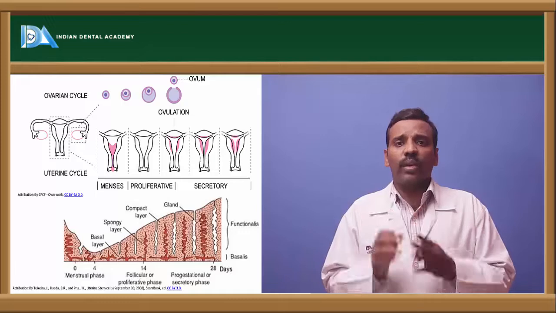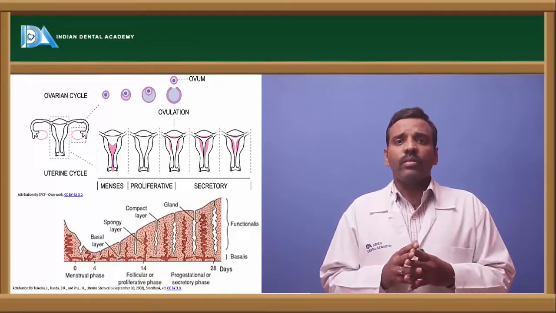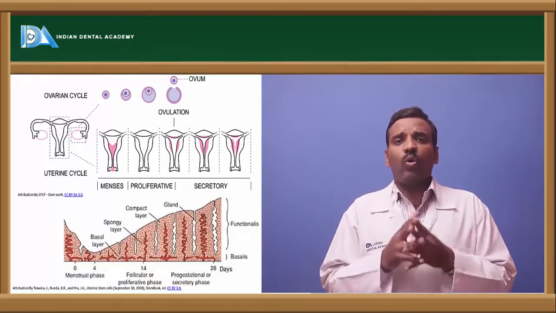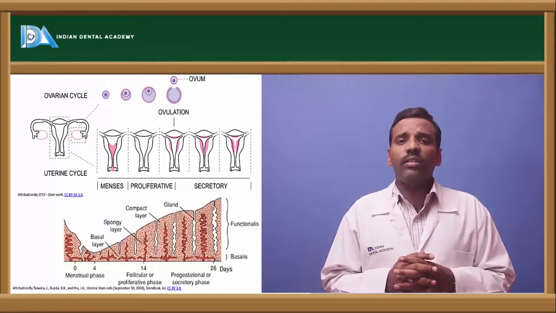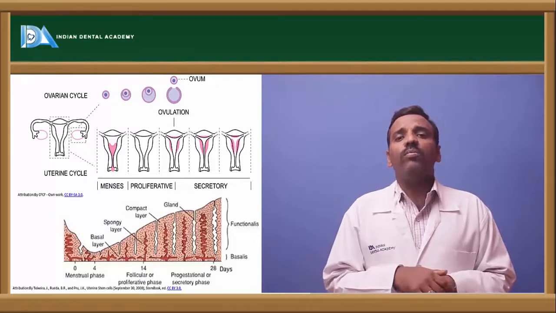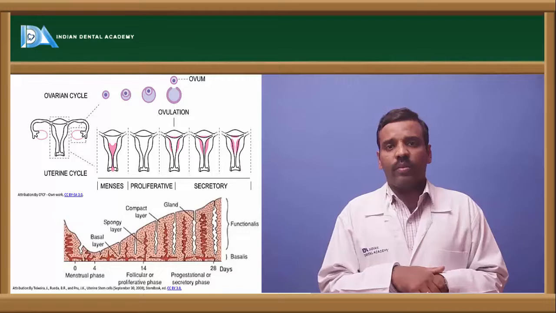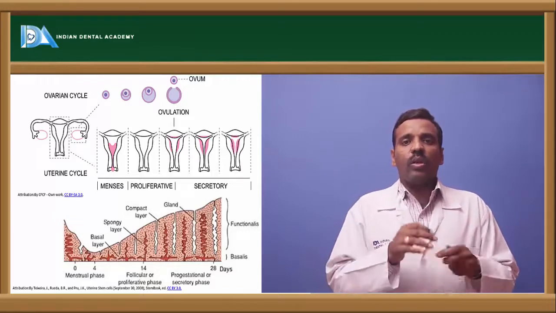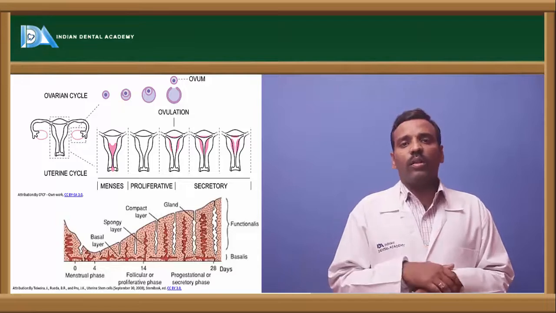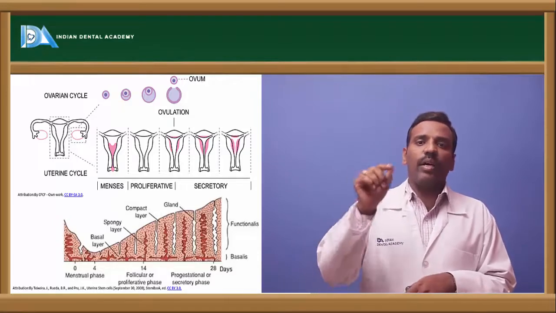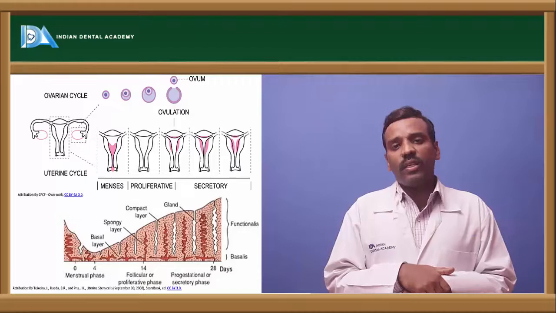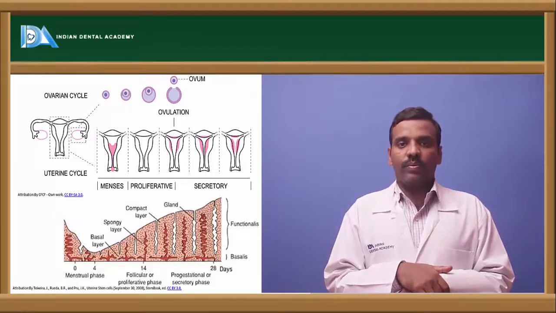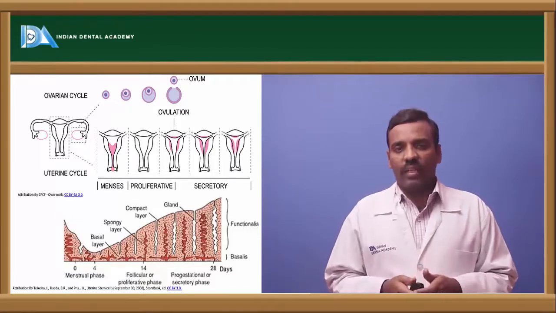On the 14th day, ovulation occurs. Ovulation means releasing of the ovum from the ovary, and it takes 3 to 7 days to come into the uterus from the ovary through the fimbriae and fallopian tube, and finally it enters the uterus.